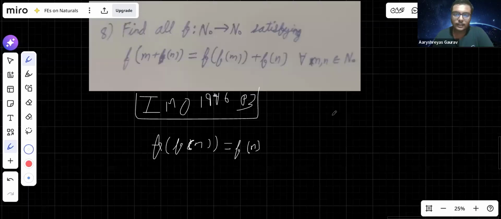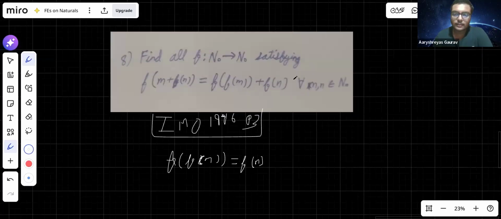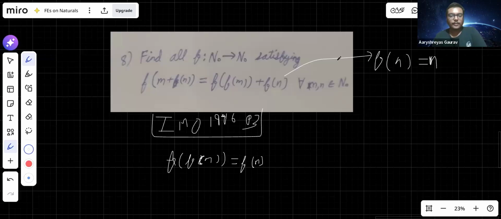One interesting thing I would like to tell about this problem is that your first intuition will be that f of n is equal to n. This is one of the solutions, not every single solution. This problem has infinitely many solutions, to be precise.